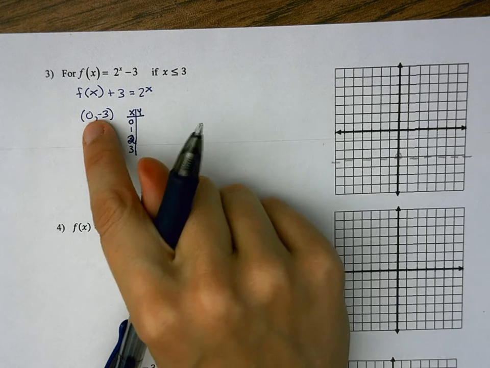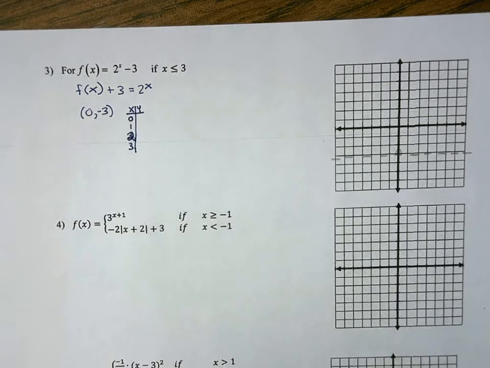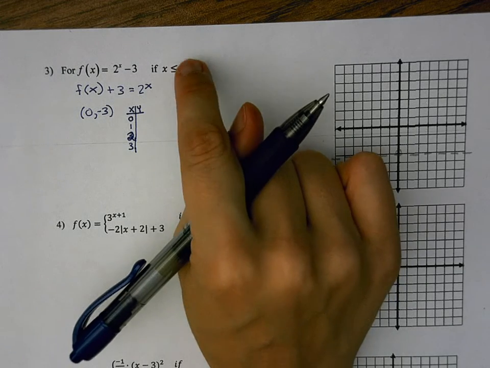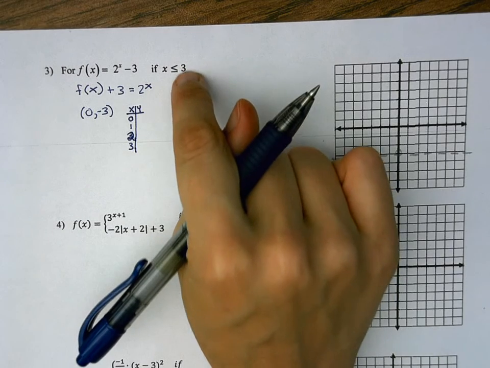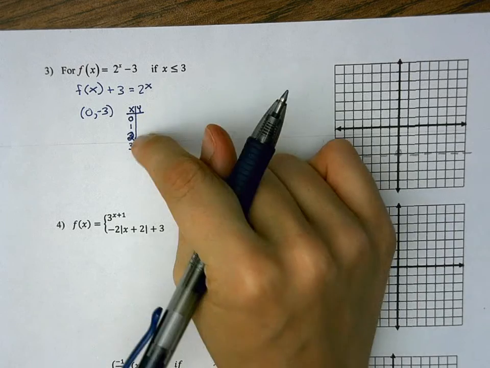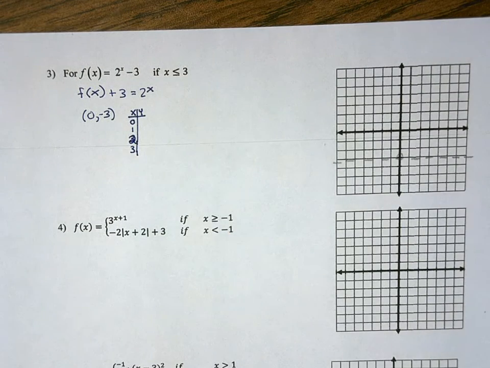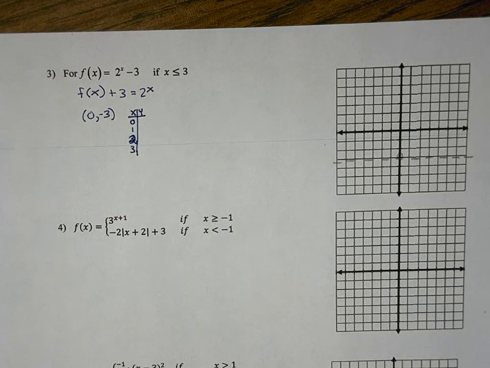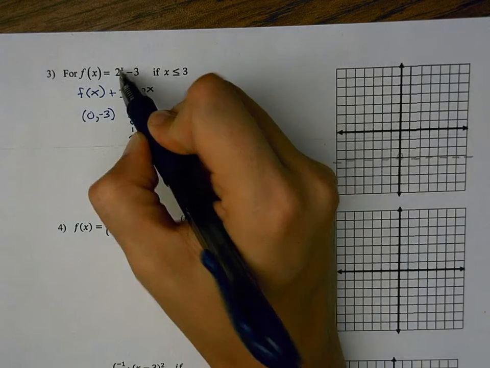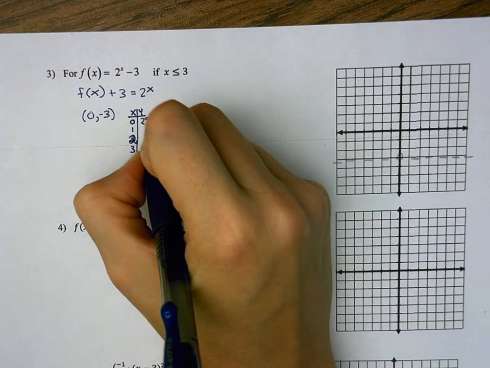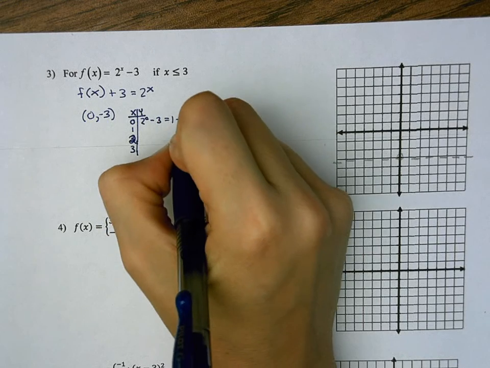It's why I use 0. It's one that's already found, right? I like using 0. But the other one, when I am given another x value that I use, I do usually use that x value. And maybe you find the ones in between, maybe you don't. Okay? Plugging it in, we get 2 to the 0 minus 3, which is 1 minus 3, or negative 2.